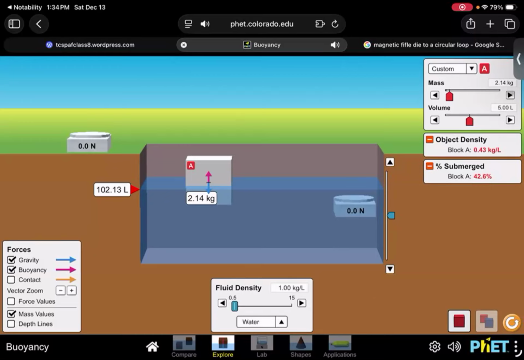As I keep increasing the mass, the density of the block is increasing, and it is sinking more and more. The weight is increasing, but so is the upthrust. The blue arrow is the upthrust, and it keeps increasing. And right now, there will come a point over here.